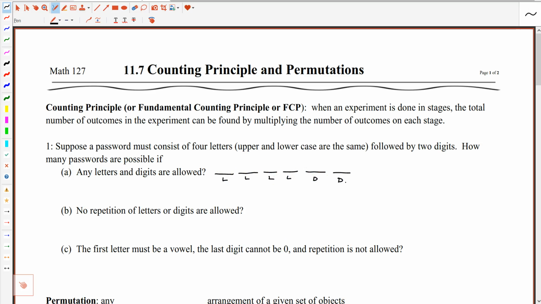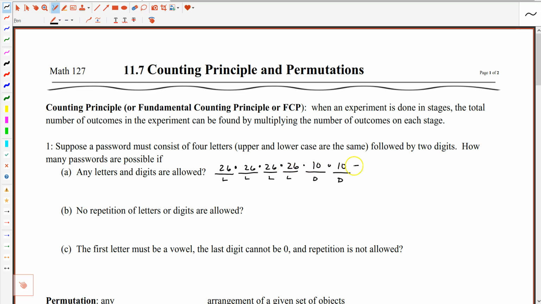How many passwords are possible if you allow any letters and any digits and any spots? Well, at least the letters in the 4 spots, but you're allowing repetition. So you would have 26 letters in each of these spots, 10 digits allowed in the last 2 spots, and then we're going to multiply all of these together, right?